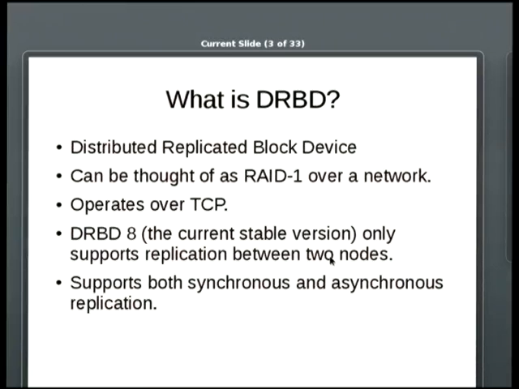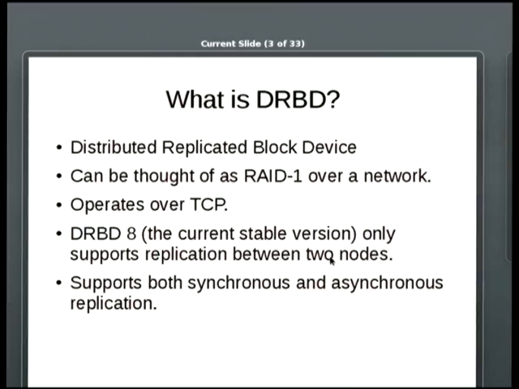I'm not going to assume people know about the technologies that I'm talking about, so I'm going to give a brief introduction first. First of all, DRBD stands for Distributed Replicated Block Device. It's basically RAID 1 across a network, operates over TCP, and DRBD 8, which is the current stable release, only lets you replicate between two nodes.